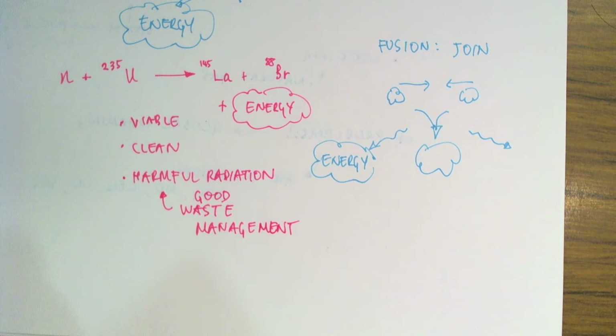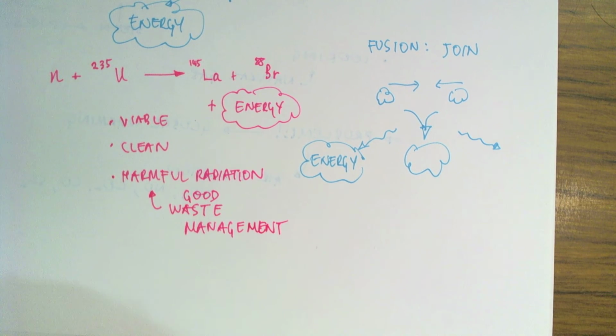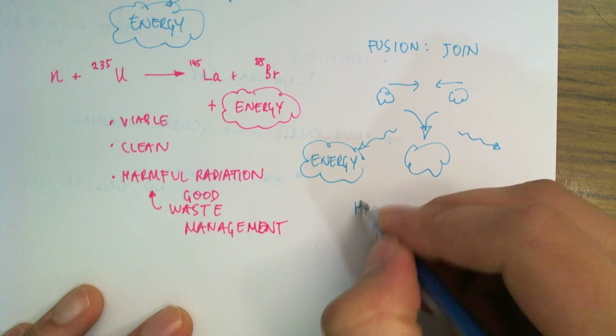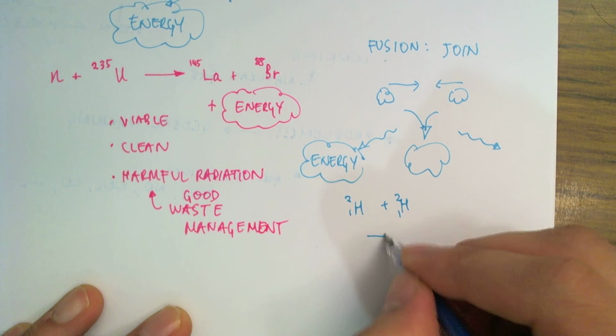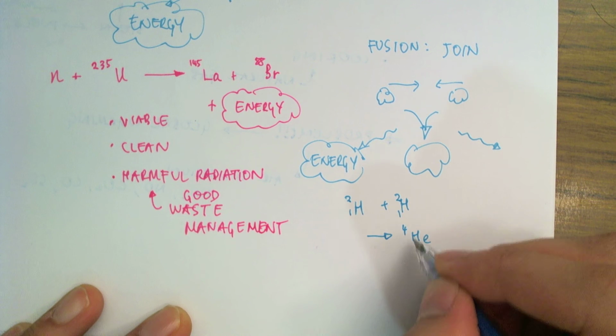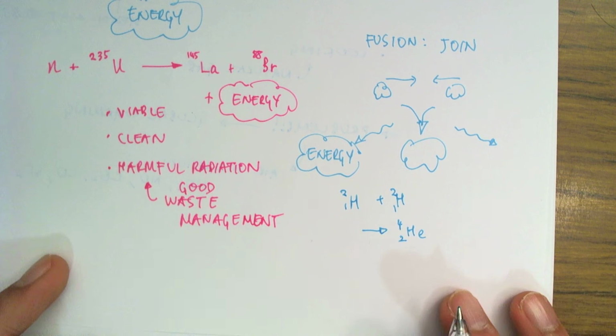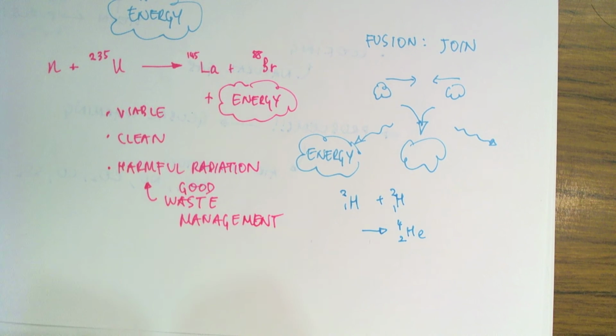So that's completely viable, but fusion is still in the research stage. This happens in the sun. Very simply, you take two hydrogen atoms and you fuse them together into a helium nucleus, and that will result in an enormous amount of energy, even more than in a fission reaction. So we could actually get fusion going, right?